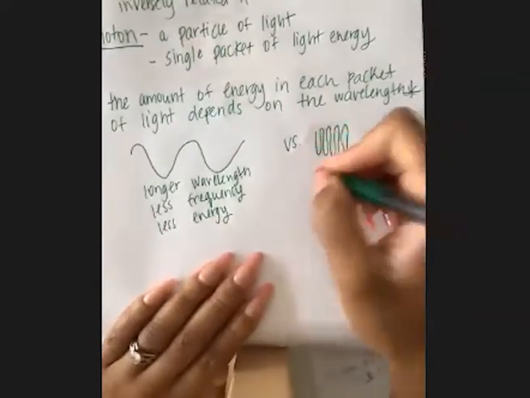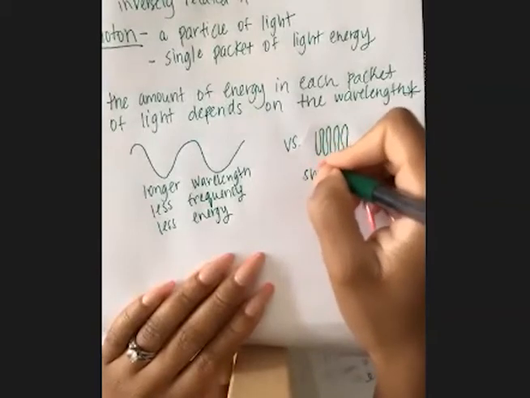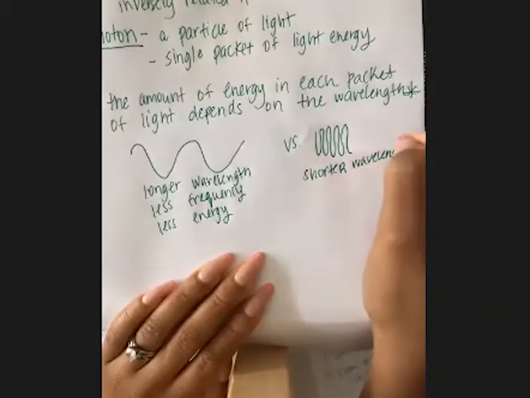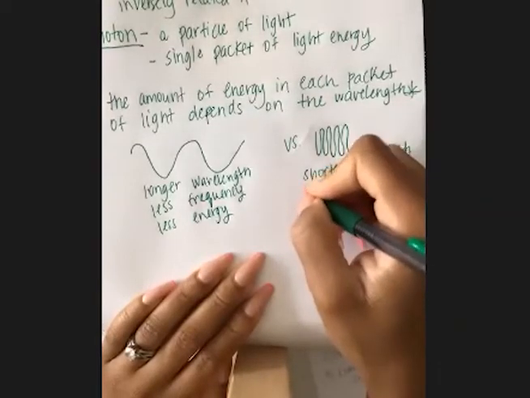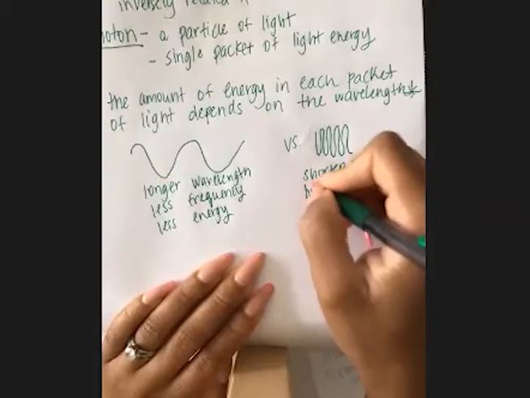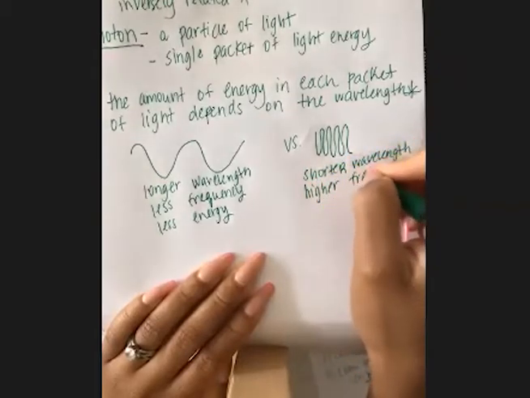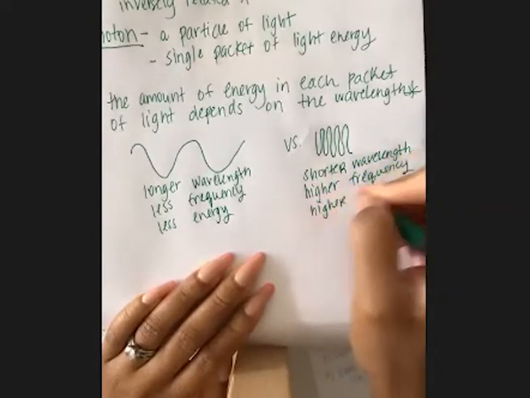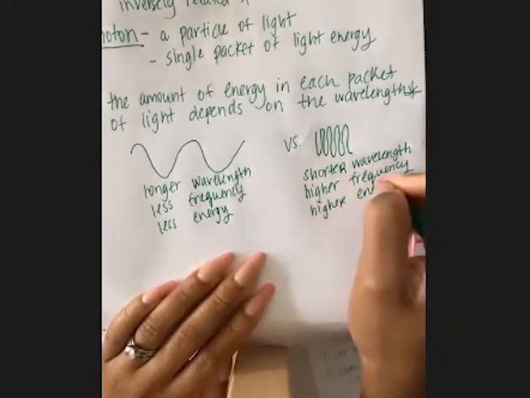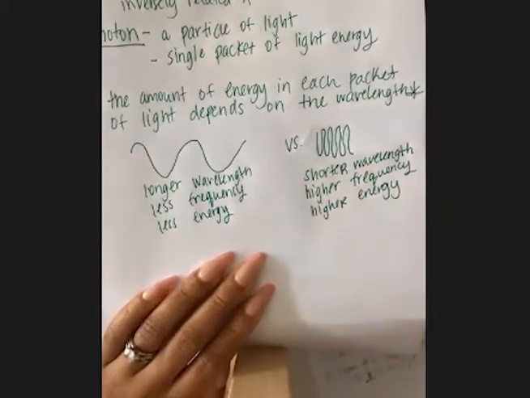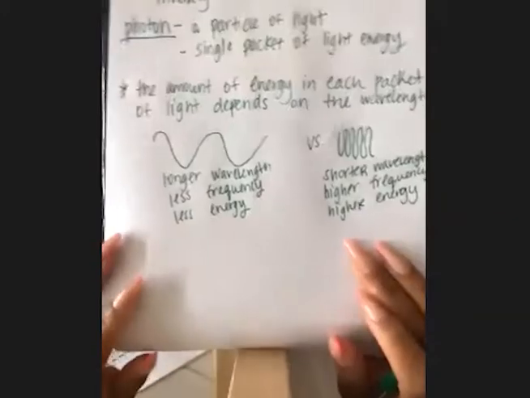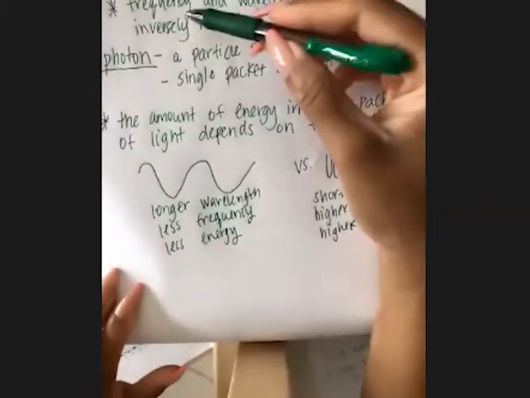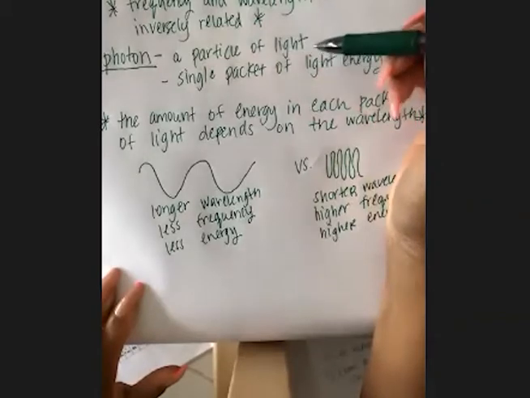Where on the other hand, when you have a shorter wavelength, you have higher frequency and higher energy. So energy and frequency are both inversely related to wavelength.